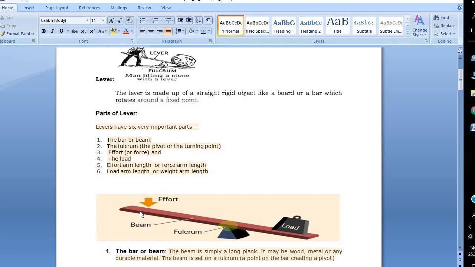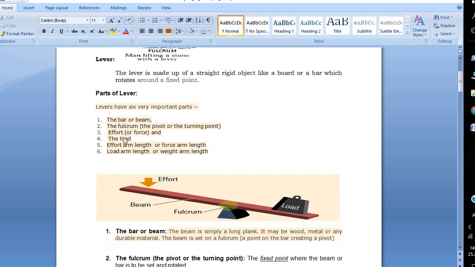It is the force arm length. And the distance between the load and the fulcrum is called the load arm length. These are the parts of the lever.